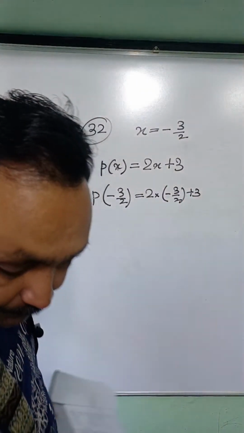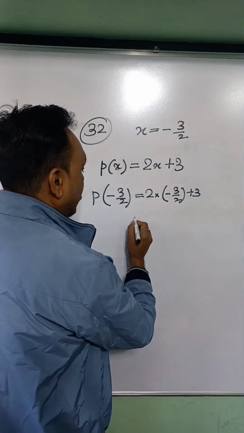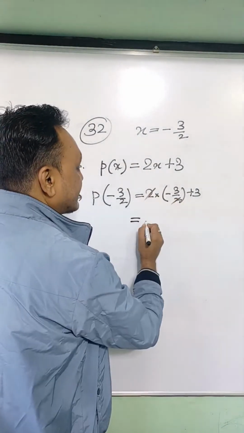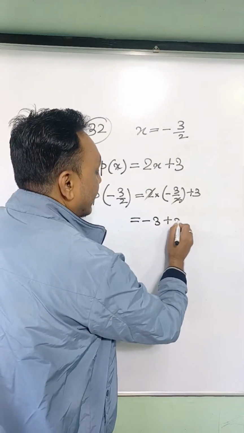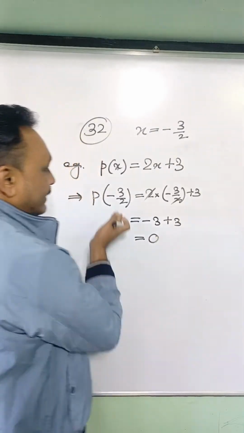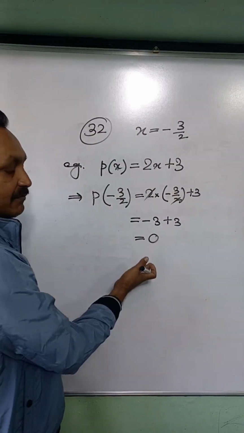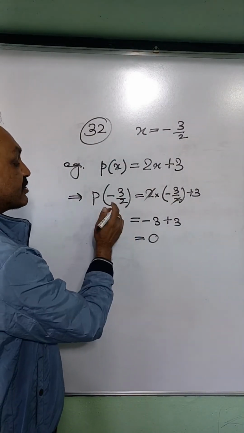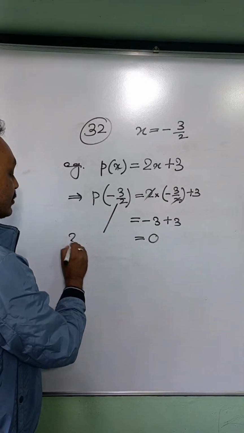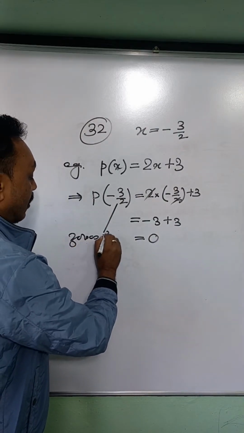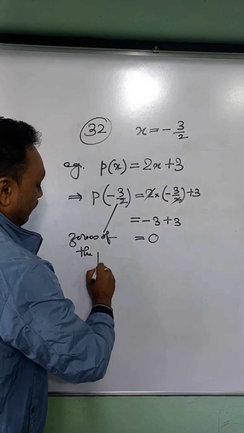Then what will happen? Minus 3 plus 3 cancels, so 0. The value for which the expression becomes 0 is called the zero of the polynomial.